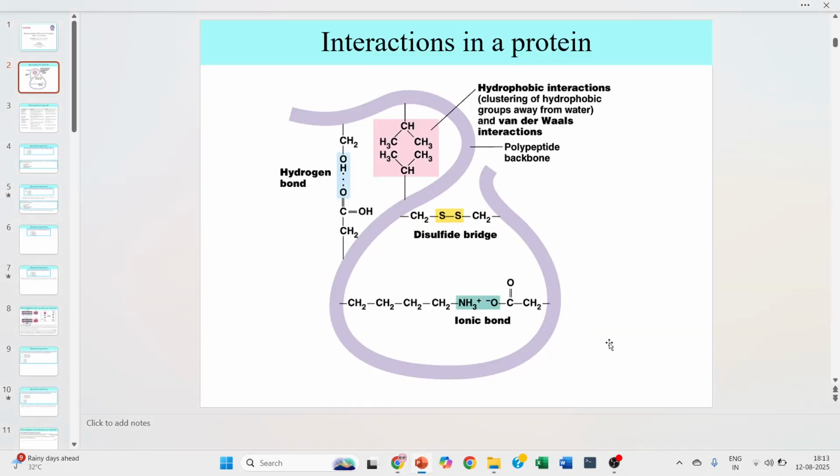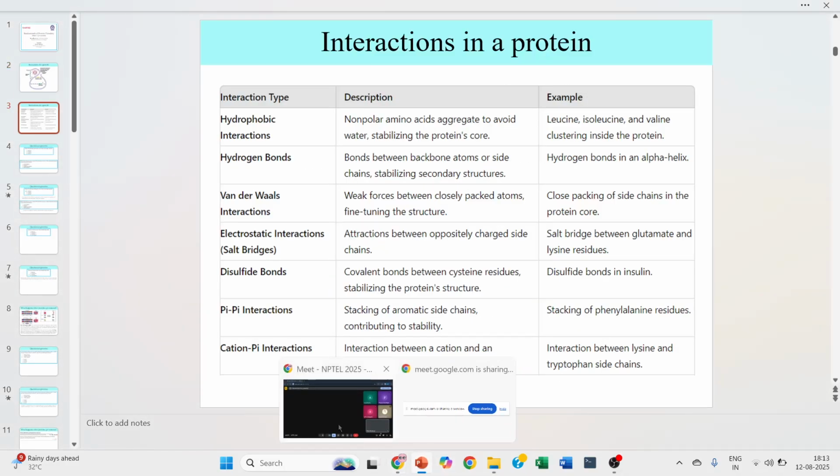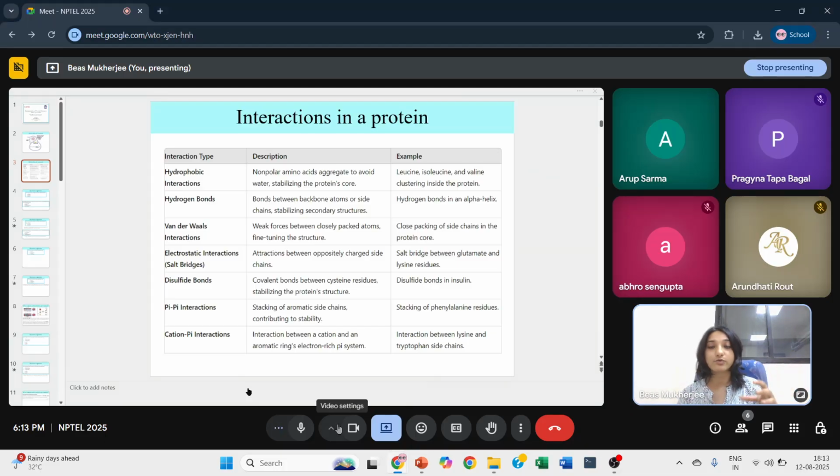Here is a list of different interactions, and it explains everything in detail for your better understanding. For example, in hydrophobic interaction, non-polar amino acids aggregate to avoid water, stabilizing the protein core. This is one of the most important interactions in protein folding, and we'll read about that in detail in the upcoming slides.